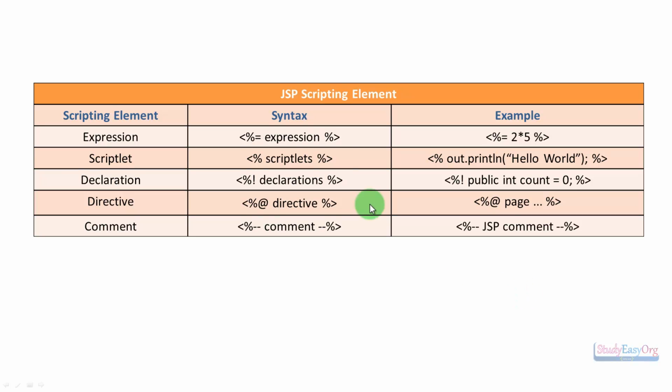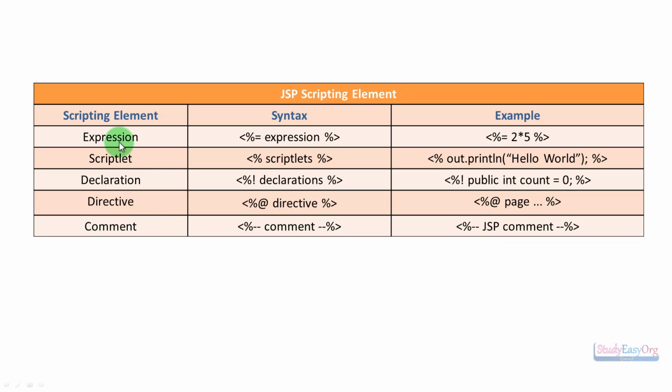Before we start with the JSP expression, let us quickly understand all these 5 scripting elements as an overview. We will definitely check all these 5 scripting elements in detail in forthcoming lectures.